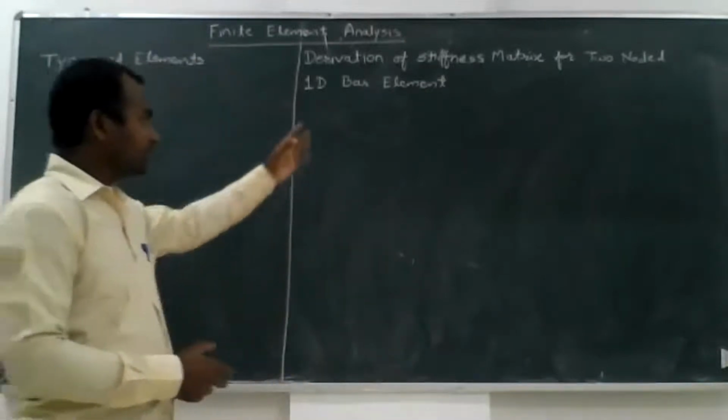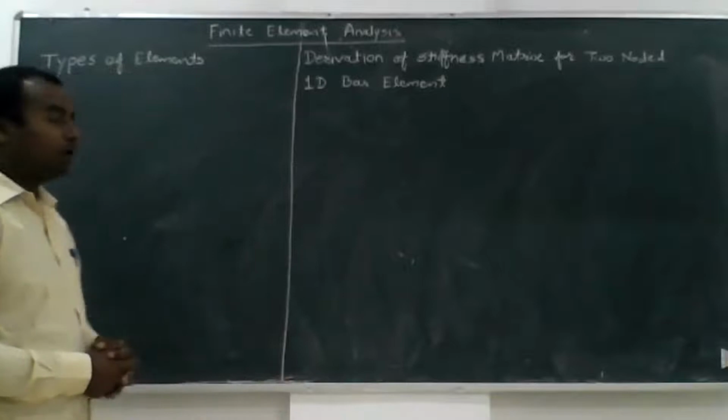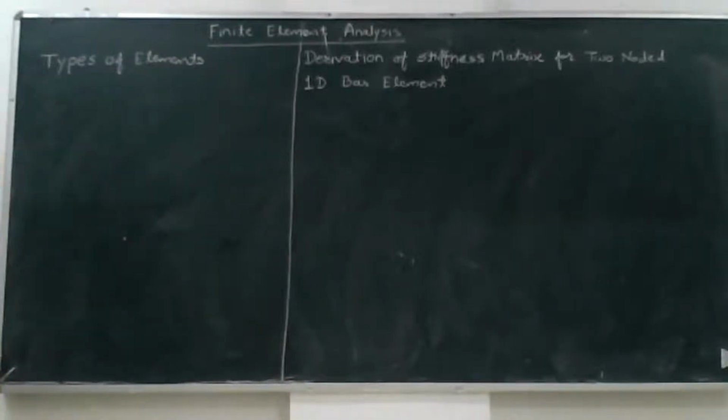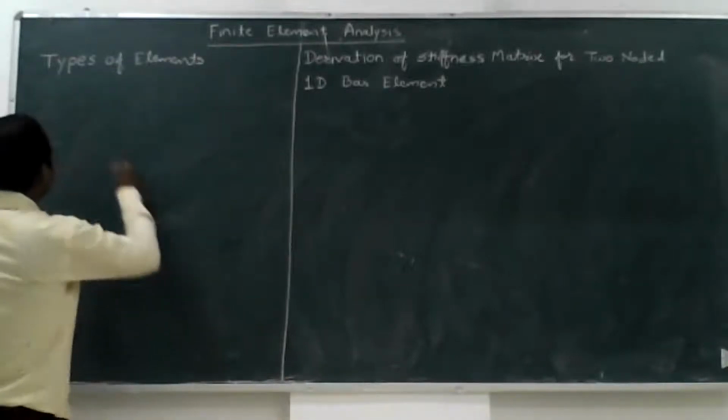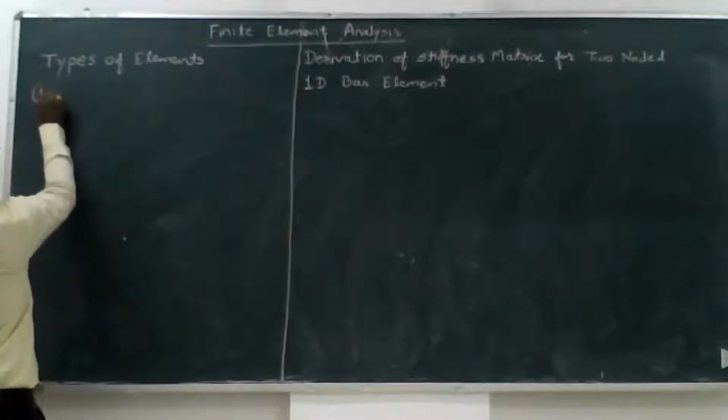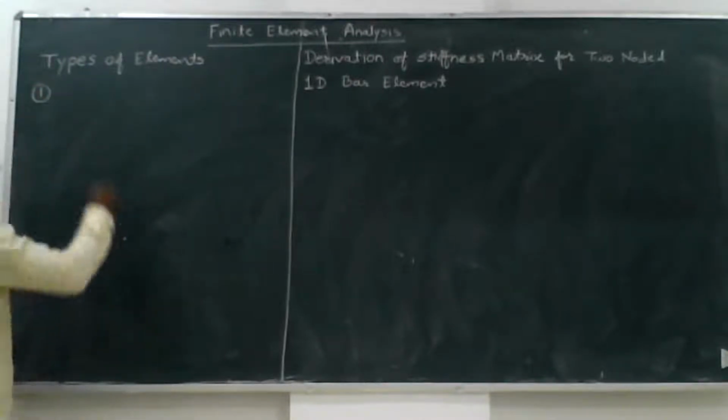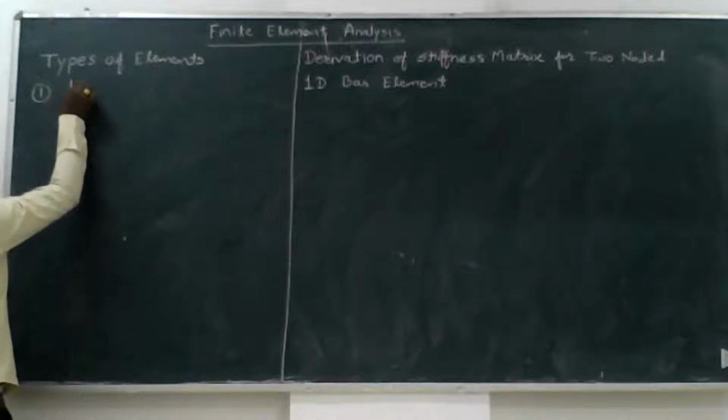Before starting the derivation, we will again discuss the types of element. Basically, there are 3 types of element. Number 1 is the one-dimensional element.